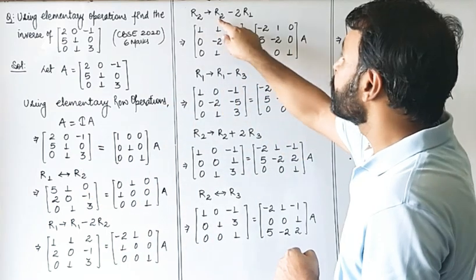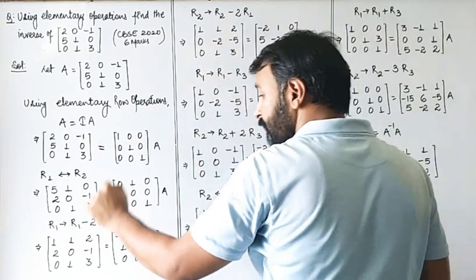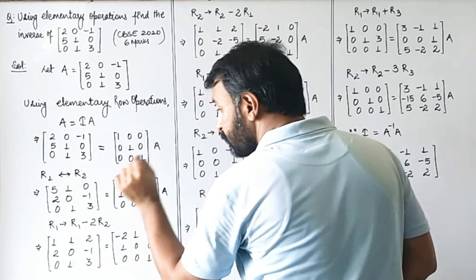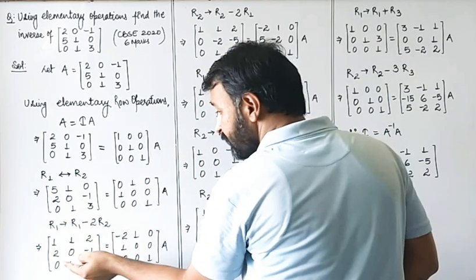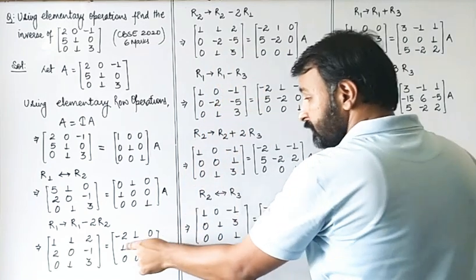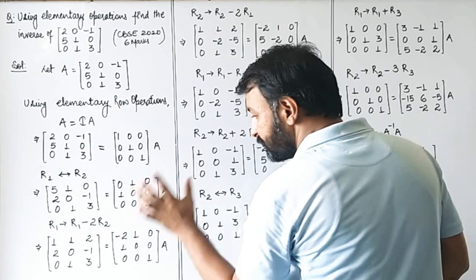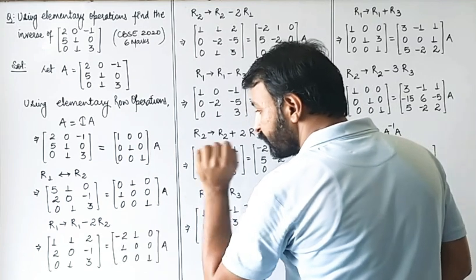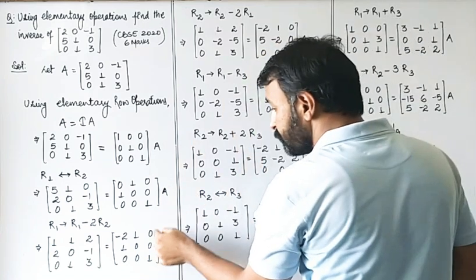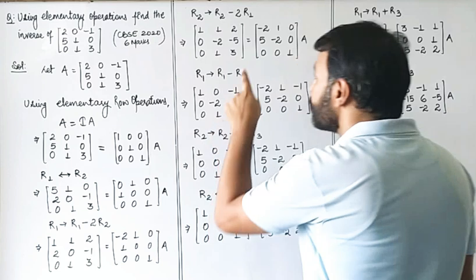So R2 tends to R2 minus twice row 1. देखिए 2 में से इसका twice माइनस करिए 0, 0 में से इसका twice minus 2, minus 1 minus 2 times 2 is minus 5. Similarly, we will apply the same operation in right hand side matrix. 1 minus 2 times 2 is minus 3, 0 minus 2 times 1 is minus 2 and 0 minus 0 is 0. Rest first and third rows are as it is.